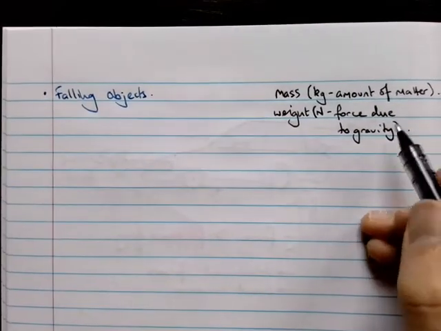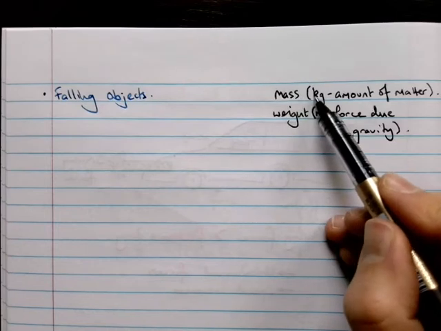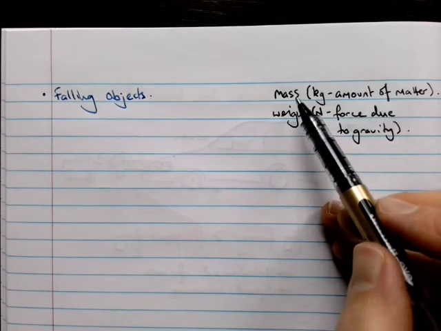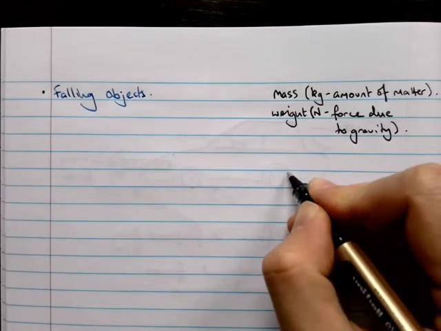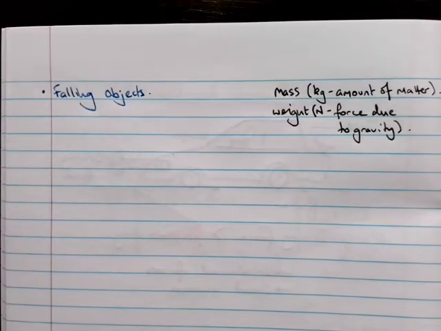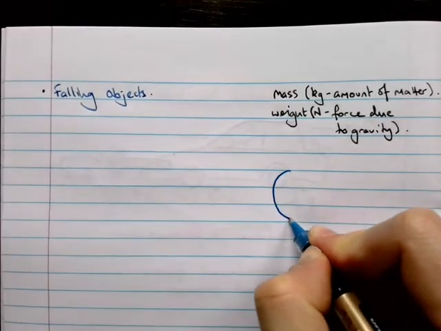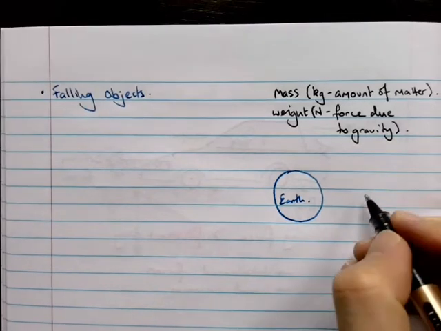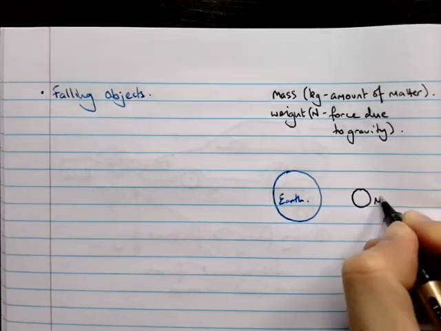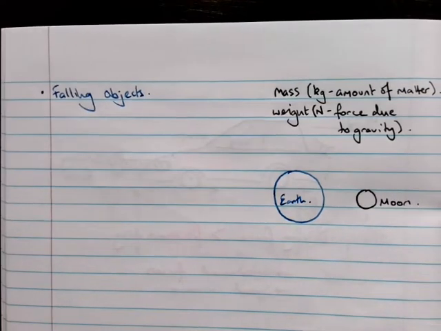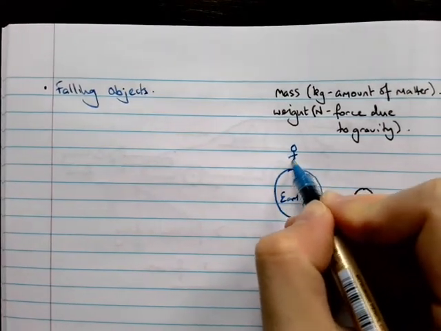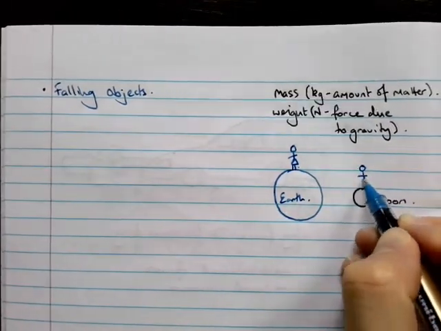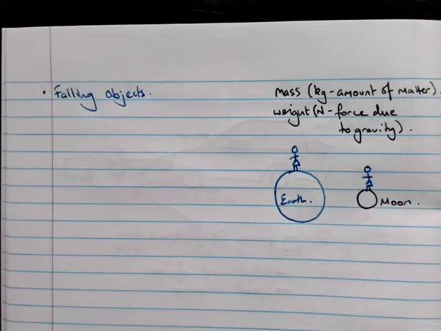They are related to each other, so if your mass increases, then your force due to gravity will increase. But very importantly, let's say this is Earth, and this is the Moon. If you are on Earth, you will have a certain mass and a certain weight, and if you are on the Moon, you will also have a certain mass and a certain weight.